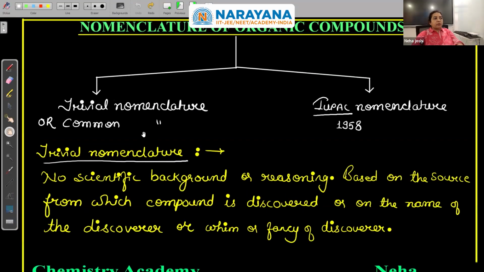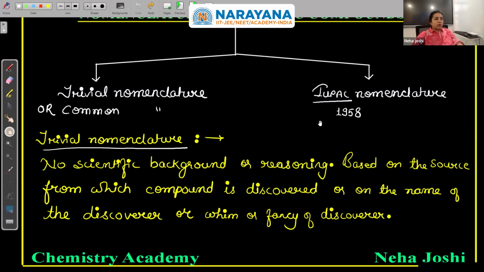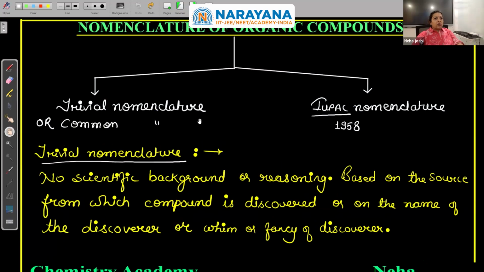Nomenclature of organic compounds. Yes, very, very important, trivial or initial, and then the IUPAC. This is how we proceeded with nomenclature. Now, I think it is what you might have already been taught, nothing much in nomenclature.